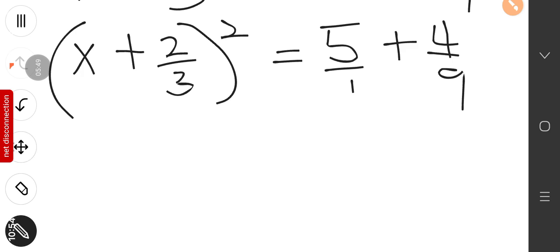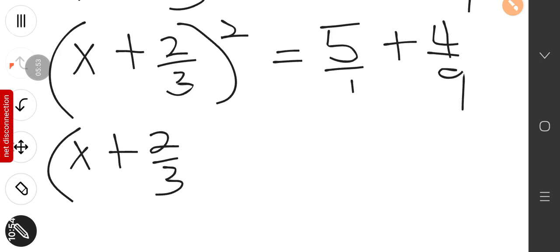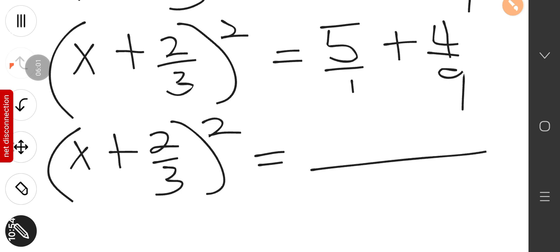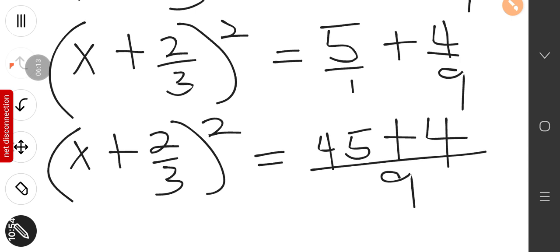So our equation becomes (x + 2/3)² equals, now here you're going to find the LCM. The LCM of 1 and 9 is 9. 1 goes into 9, 9 times 5 is 45, plus 9 goes into 9, 1 times 4 is 4.